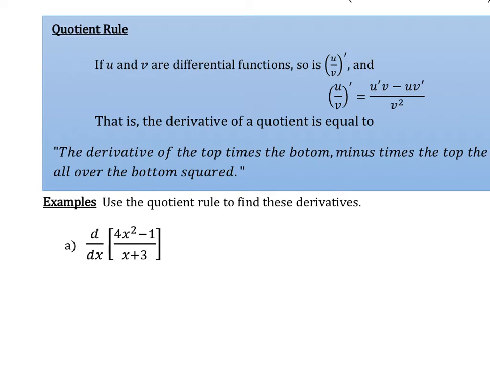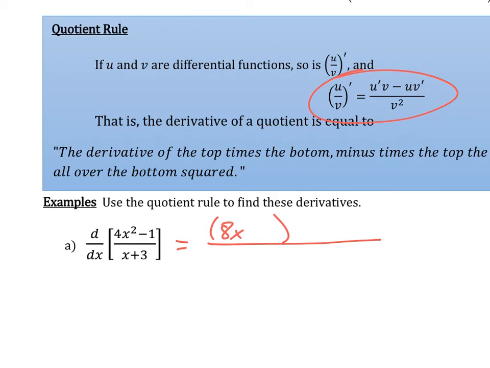Okay, so we've got a quotient here, 2 things being divided. Okay, so we're going to use this rule here. So we're going to have a fraction. So we have derivative of, instead of a first and second, we have derivative of the top. Okay, so think of the top as the first, bottom as the second. Okay, so derivative of the top is going to be, drop the 2, it becomes 8x.